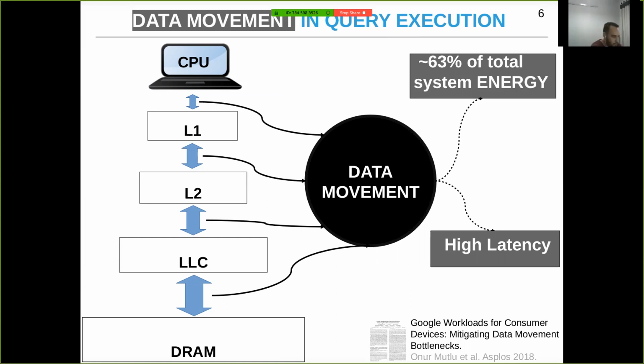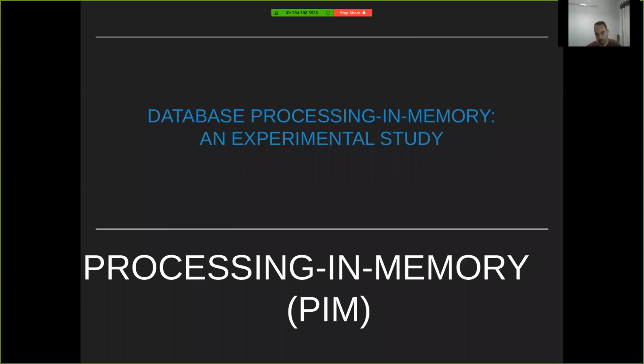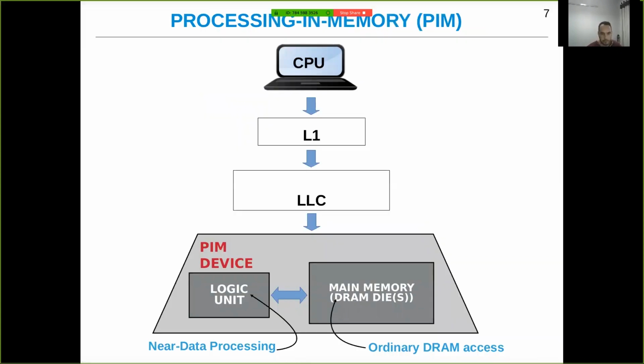But don't you worry, we have a possible solution to that. And the solution is based on processing memory devices, or PIM devices. These new devices add logic units inside the memory to support near-data processing. And they can also replace the main memory by providing ordinary access to support traditional CPU processing.